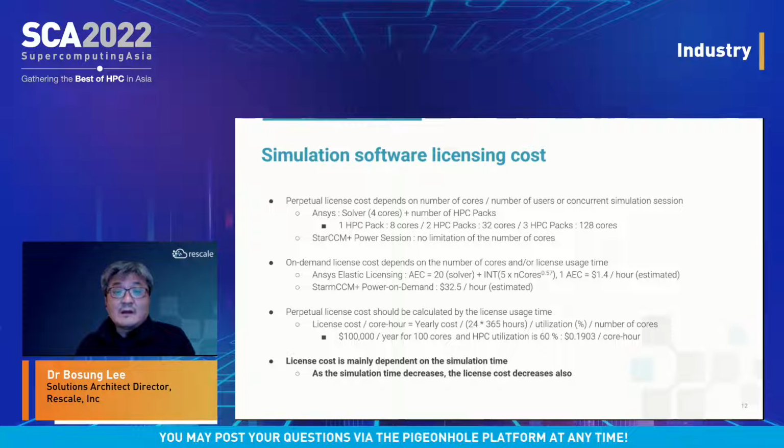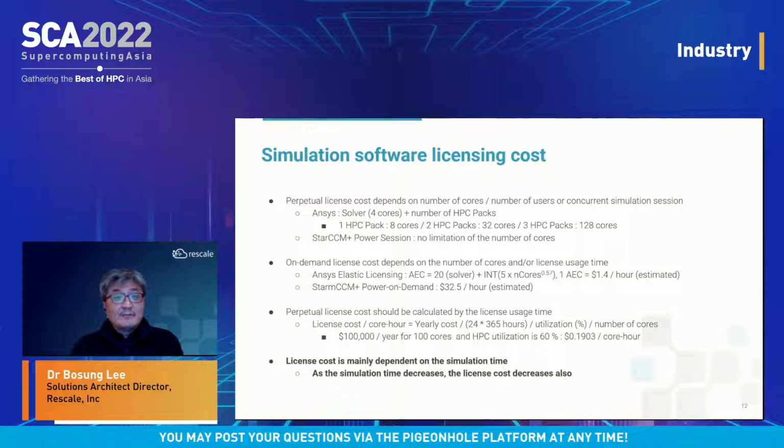The typical and widely used type of this license model is the ANSYS license. For example, almost every ANSYS software license is composed of the solver license and a number of HPC pack licenses.